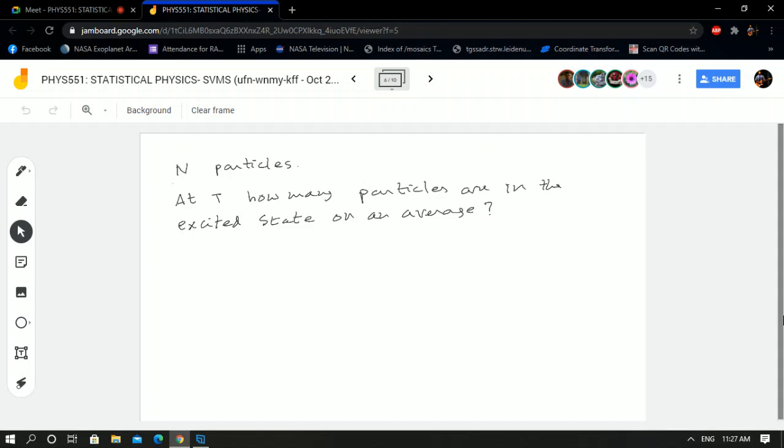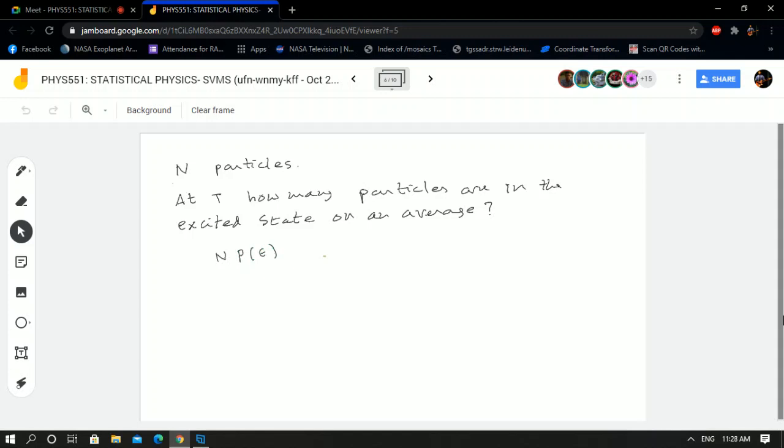So what Ashlyn is saying is that you have N number of particles, and then multiply this with the probability of the occupation of the excited state.